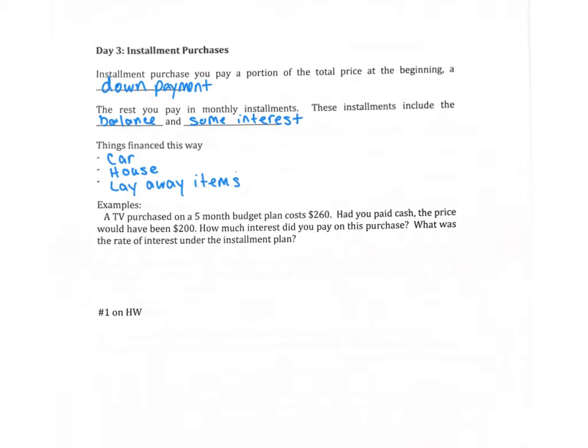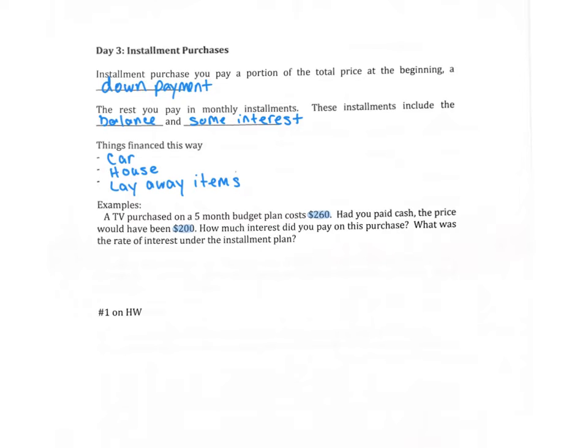Okay, so we are going to figure out the interest. The interest is going to come from the fact that we know that you end up paying $260, but it would have been $200 had you just paid for it outright.